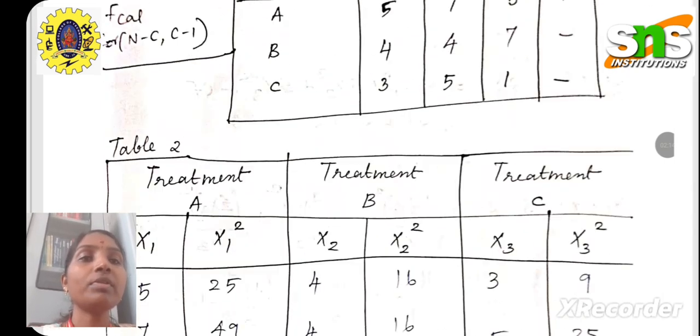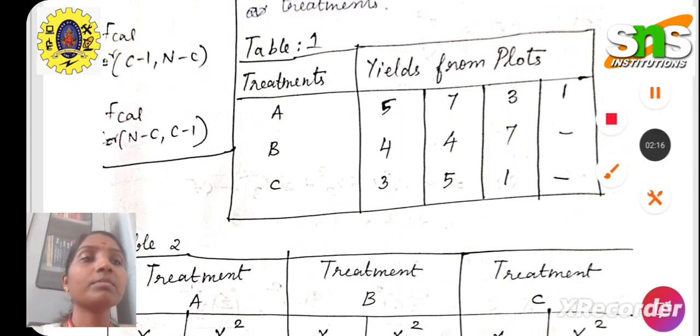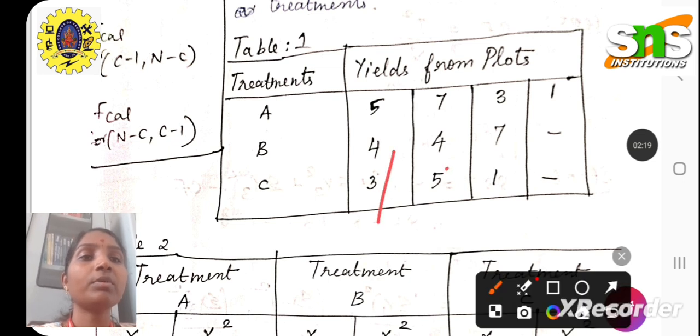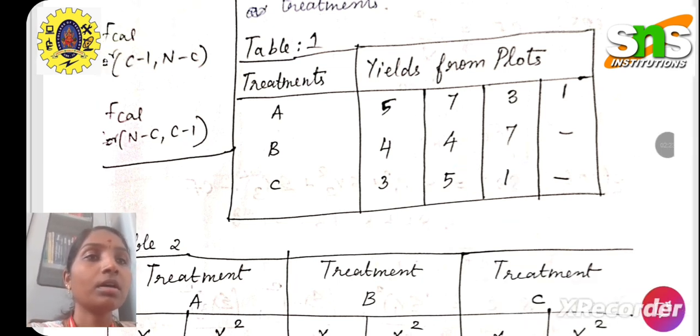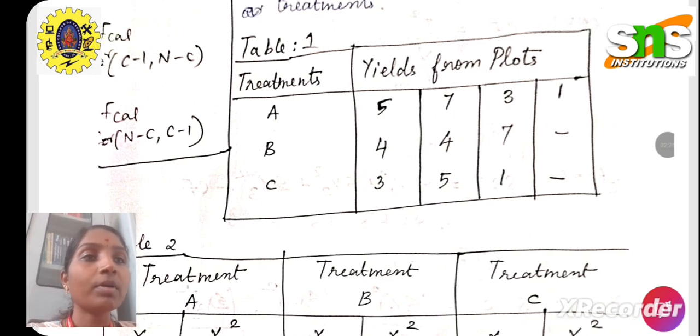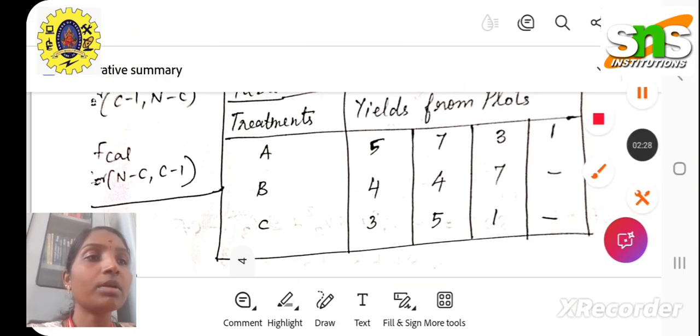And for table 2, we have just taken these as the columns. We have taken this as column number 1, this as column number 2 and this as column number 3.